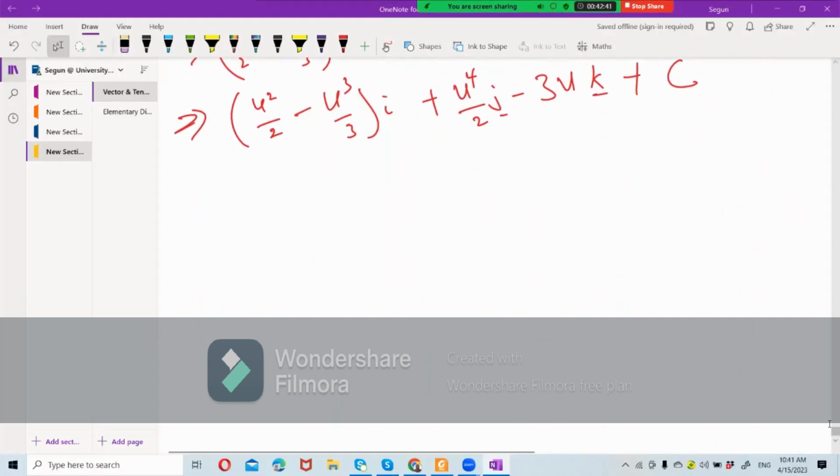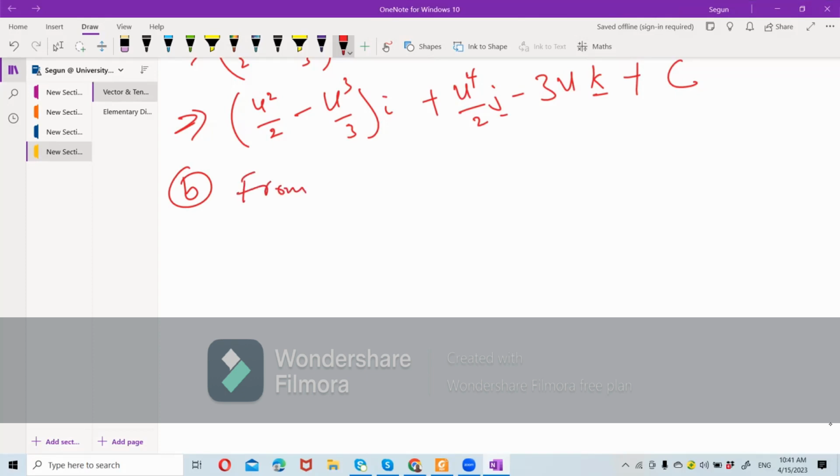Let's look at the second question, part B. From A, you don't need to write A again. All you need to do is the integral from 1 to 2.